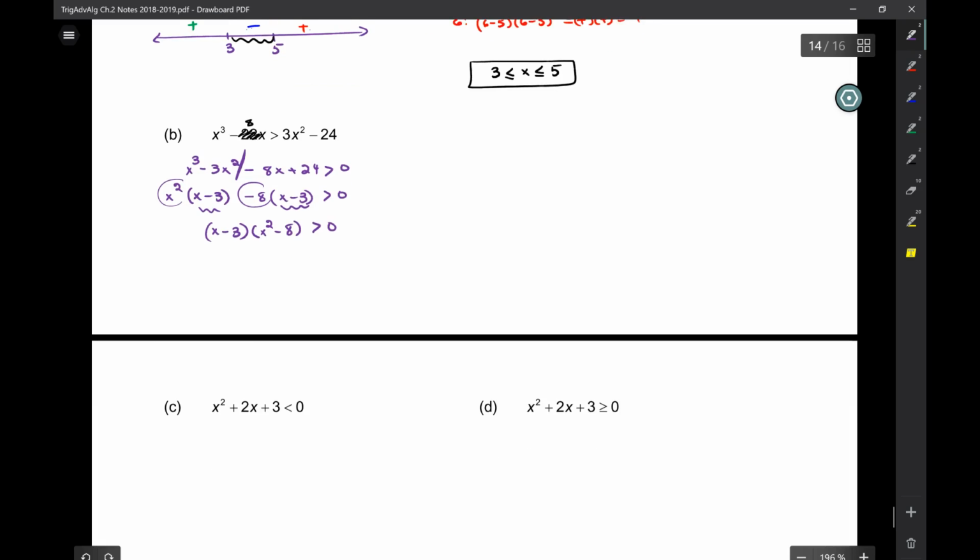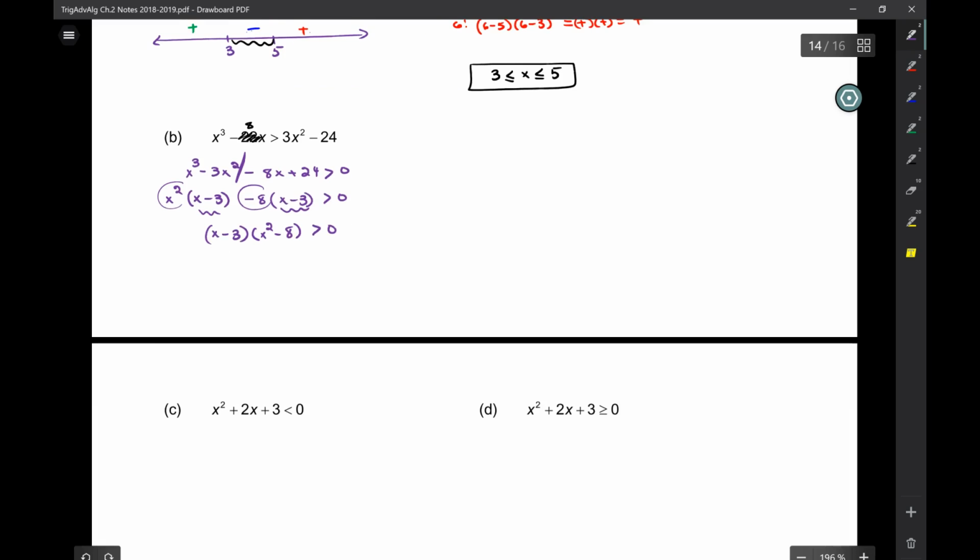Now, again, I need to find what makes these 0. So from here, I get that x equals 3. Now this one, x squared minus 8 equals 0. x squared equals 8. Take a square root. x is plus or minus root 8.